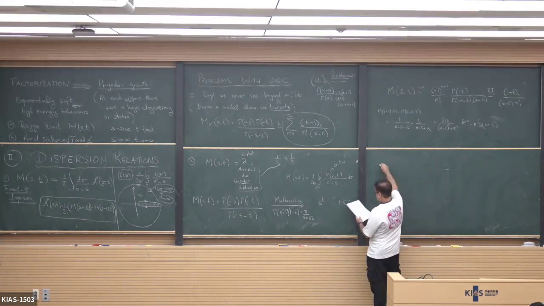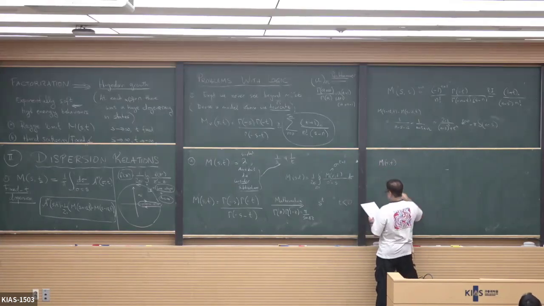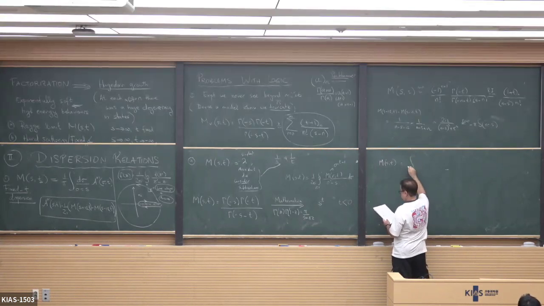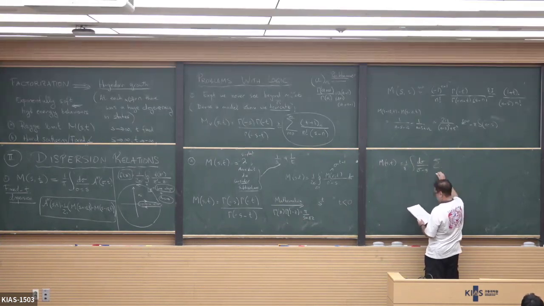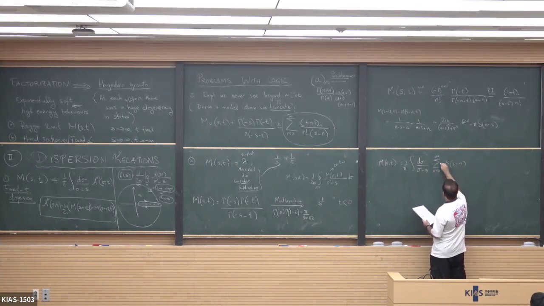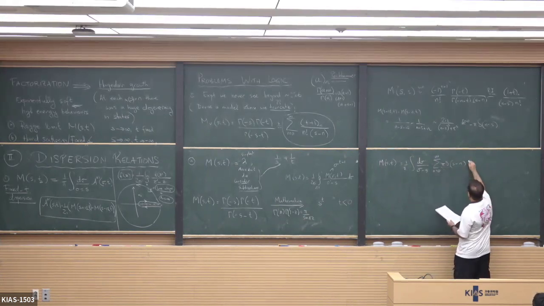So your M of s, t is simply an integral 1 over pi d sigma over sigma minus s, and this is a sum, n goes from 0 to infinity, of delta functions with a pi, and that Pochhammer that comes from the residue, and factorial.